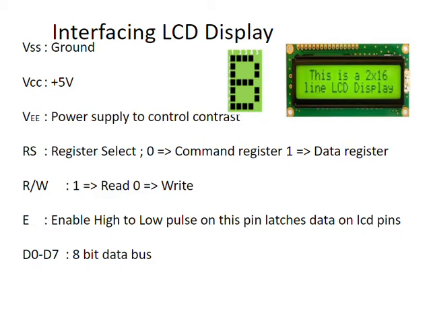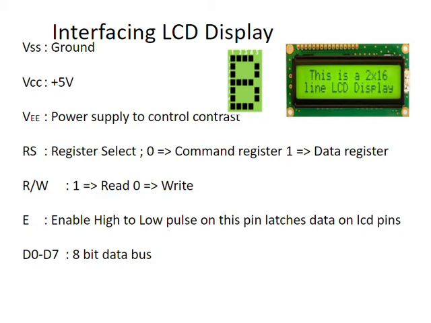Then there is a pin called RS which stands for register select. There are two registers in the LCD, one to store the command and one to store data. The register select pin should be at logic 0 to select the command register, and it should be 1 to select the data register.